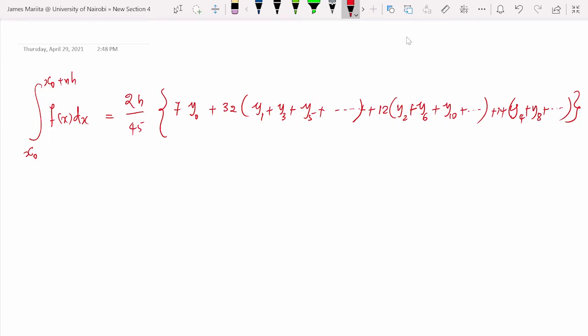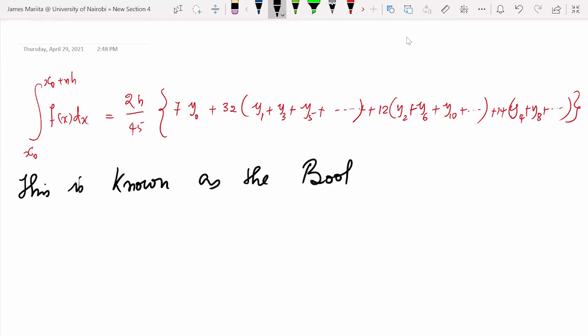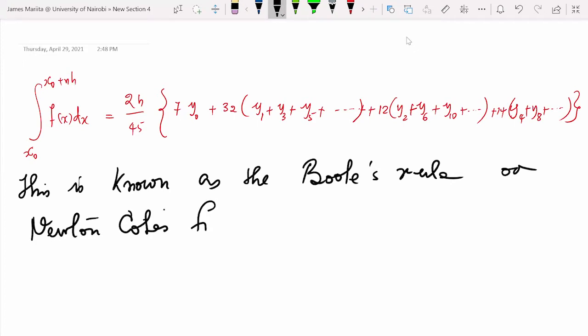And this is known as Boole's rule, or the Newton-Cotes formula for n equal to 4.